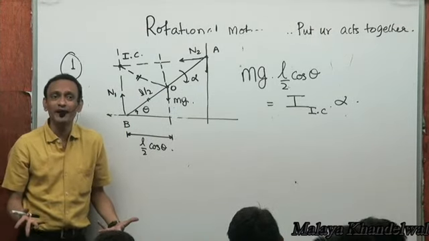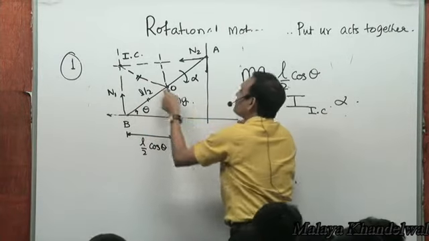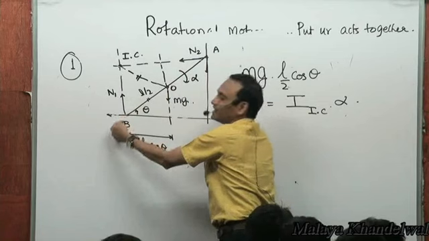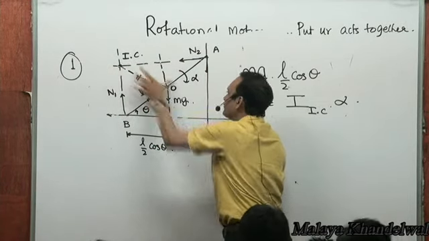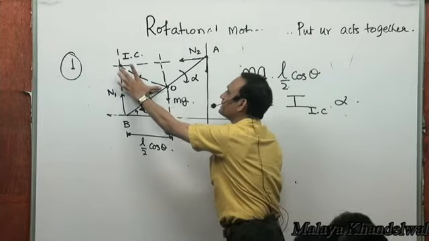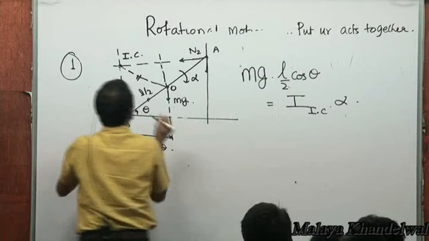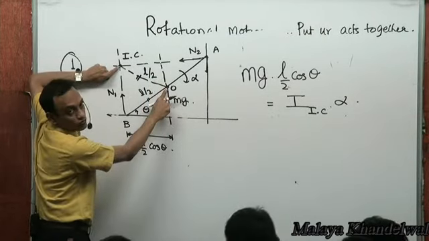Very simply, this is going to be L by 2. This is half of this diagonal, and the two diagonals are equal, isn't it? So this is half of this diagonal, which is the same as half of this diagonal, yes or no? So this length is L by 2.